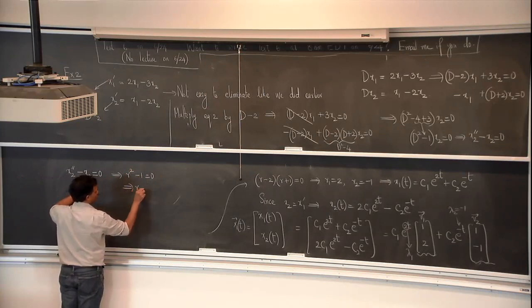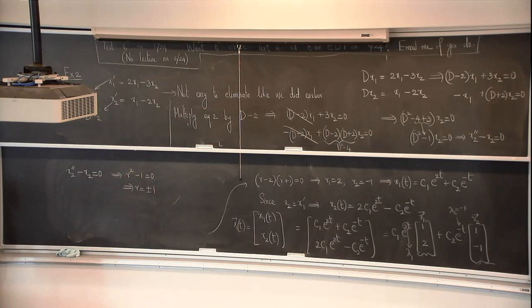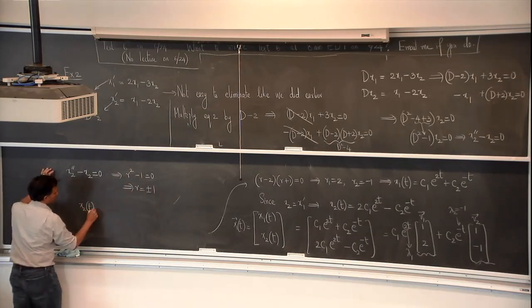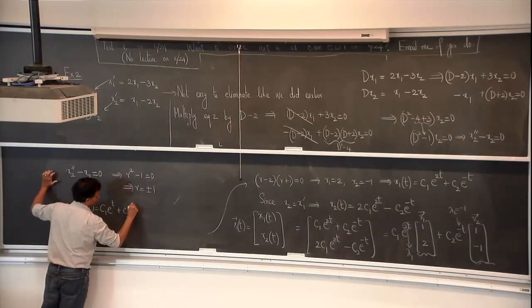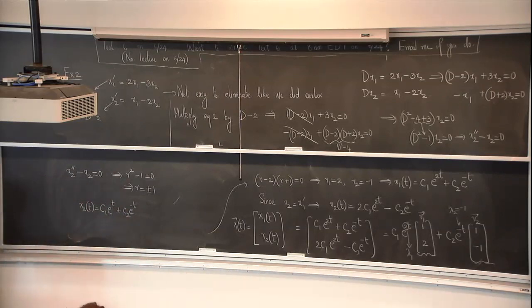So r equal to plus or minus 1. So x2 of t is c1 e to the power of t plus c2 e to the power of negative t. Again, I'm just quickly referring back to chapter 2 about two real distinct roots, case number 1.